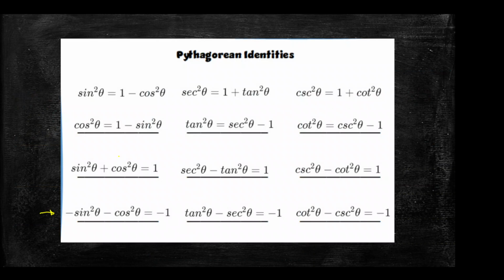I will post this on Canvas today, and you can see all of these different values, so don't feel like you have to fill this in right now. But I do want to highlight the one at the very bottom with a little arrow next to it: if I took everything times -1, you get that equation right there, negative sine squared theta minus cosine squared theta equals -1.